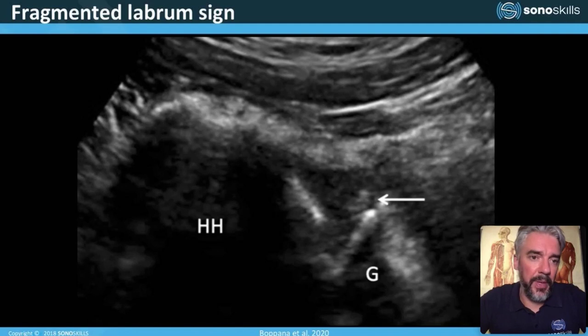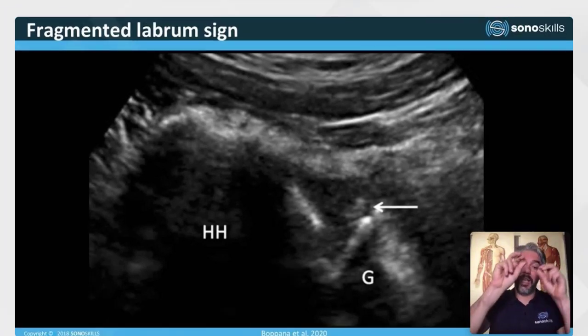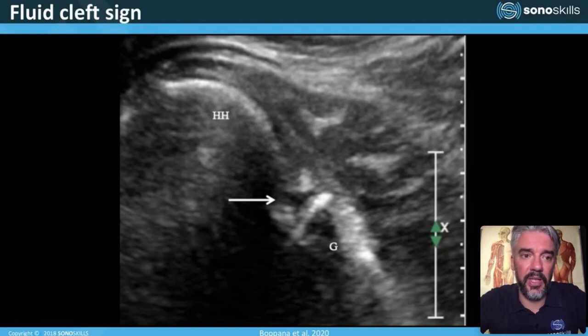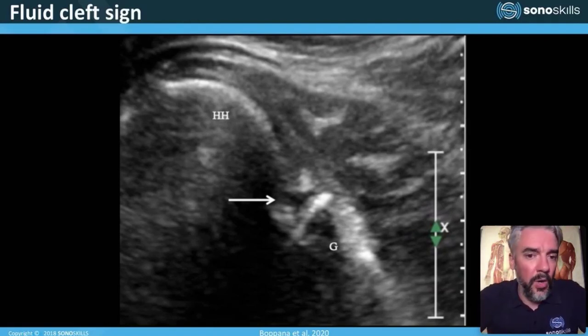And this is the fragmented labrum sign. So the labrum is fragmented, so we see several parts of the labrum, and we know that then there is a pathology. And this is the fluid cleft sign within the labrum, the bright white labrum. You can see a cleft with fluid inside, so you see this anechoic zone within the labrum.